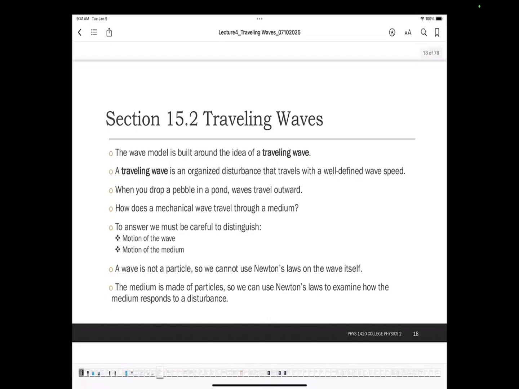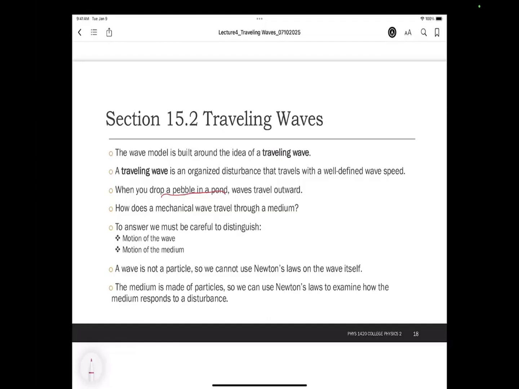If you drop a pebble in a pond and there are some waves, the waves travel outward, but we need to be very careful to distinguish the motion of the wave and the motion of the medium.